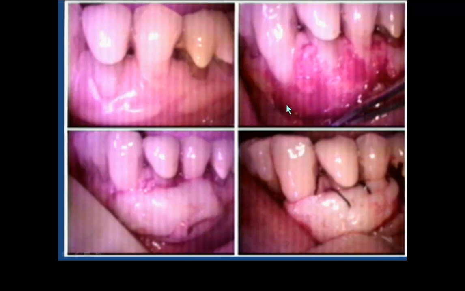The graft was not wide enough to cover the root surface coronally and apically to lie down over the vascular recipient side of the graft.